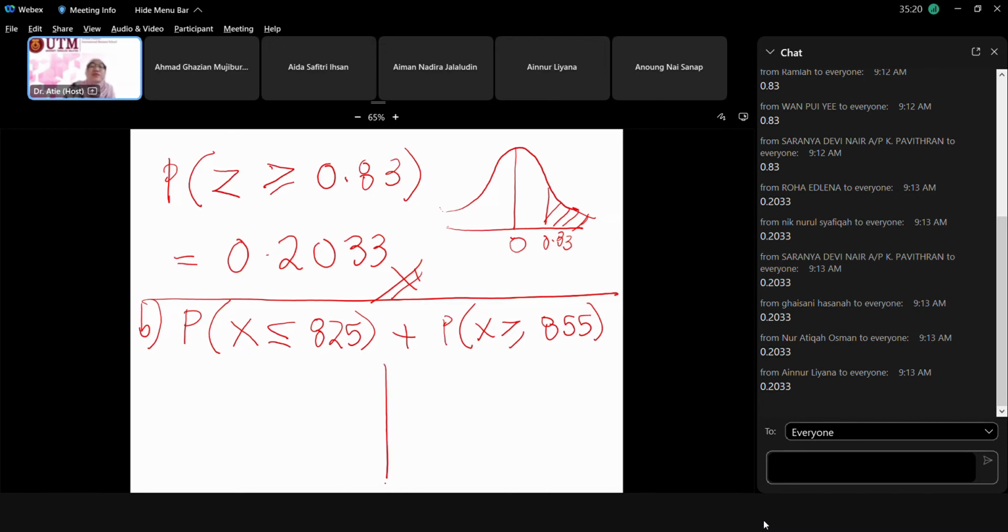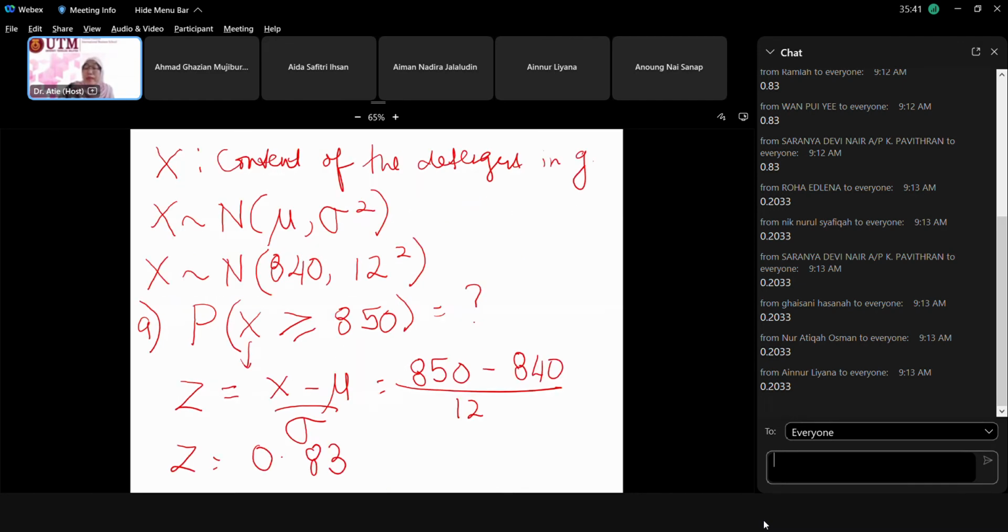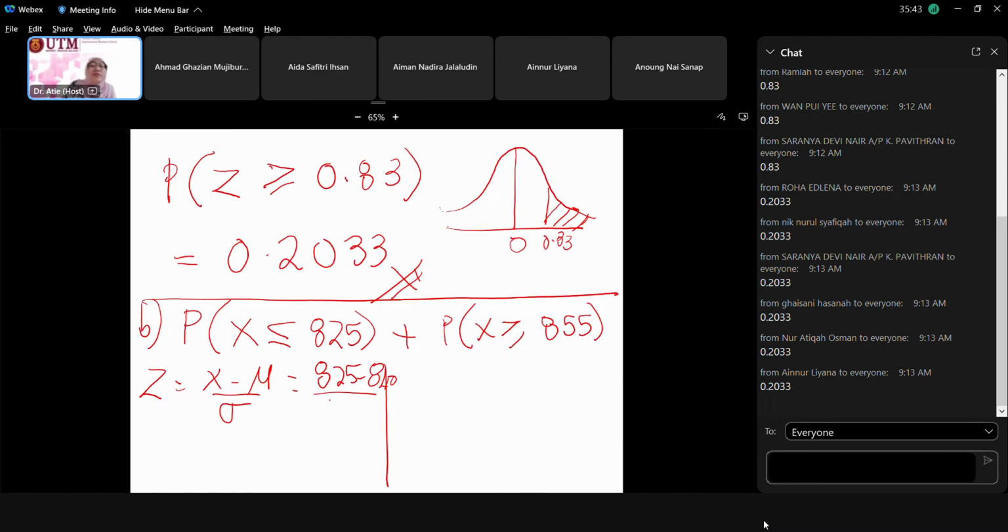So we need to calculate two values of z. The first one, z equals x minus mu divided by sigma, where it is 825 minus 840, divided by 12. Then we get the first value of z.